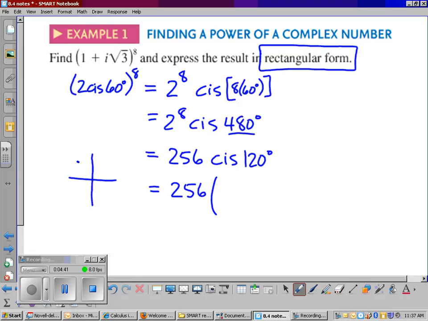The cosine is going to be negative, and using your hand trick, you find that it's negative 1/2. And then your sine is going to be positive, and the sine of 60 degrees is square root of 3 over 2. Now we just need to simplify that. So I get negative 128, distributing the 256, plus 128 i times the square root of 3.